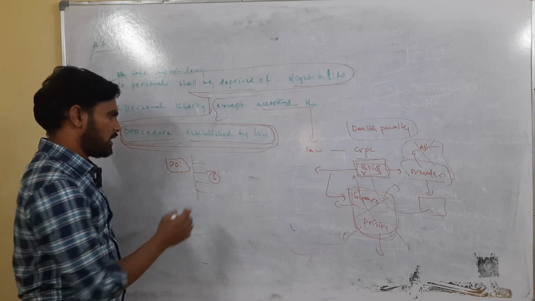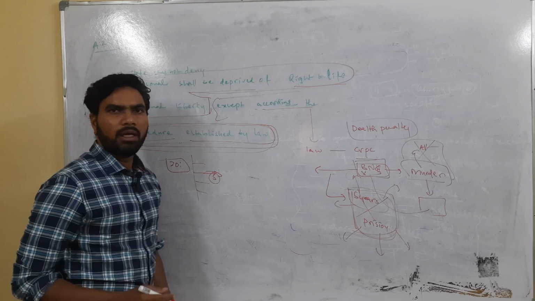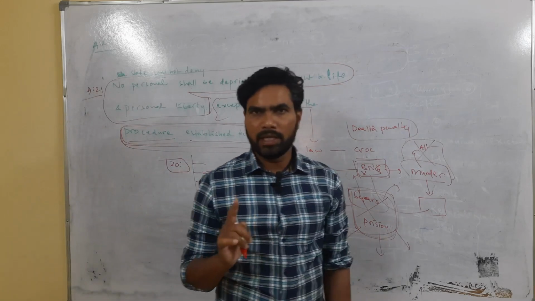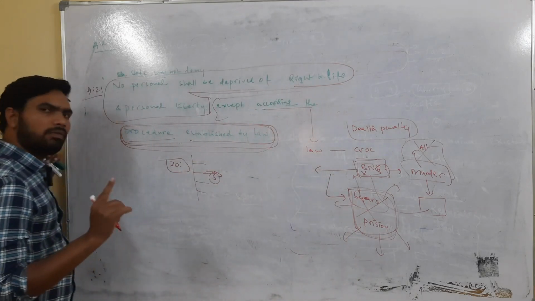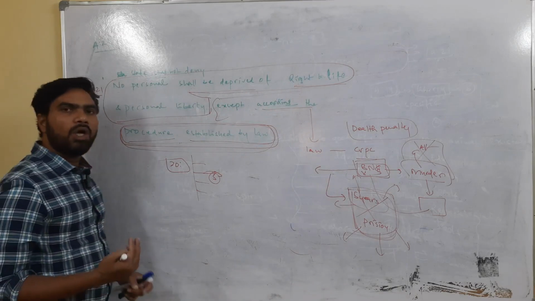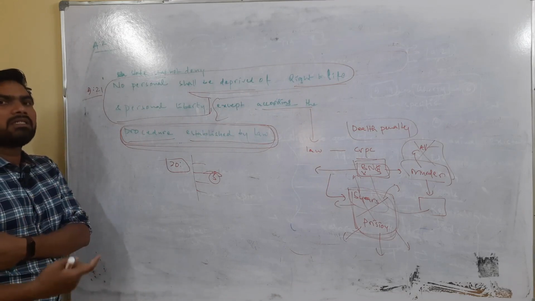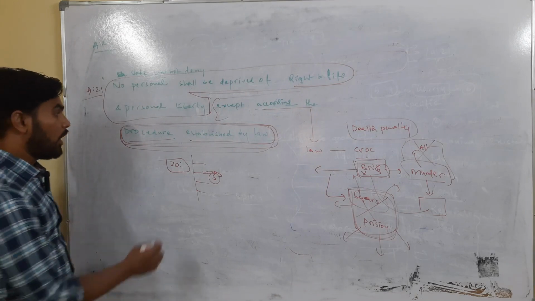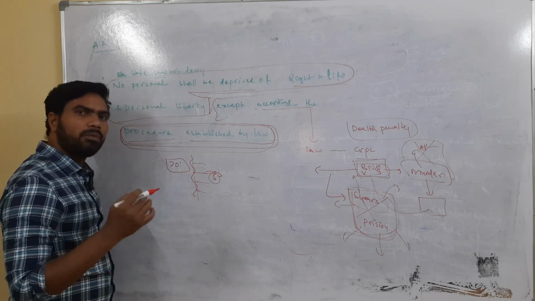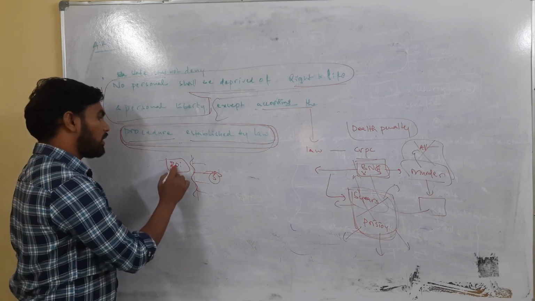Then no double jeopardy, meaning a person cannot be punished more than once for the same crime. The third is that no person shall be compelled to give evidence against himself or herself. Like that, three protections have been given under Article 20.